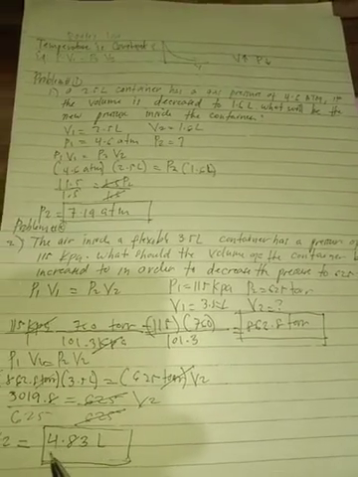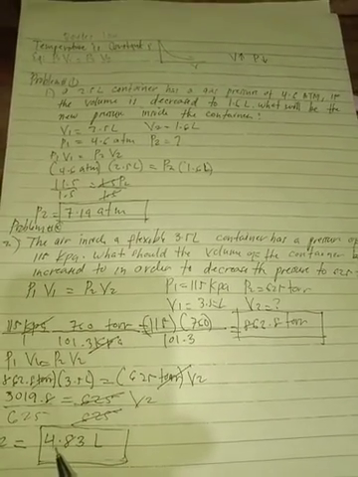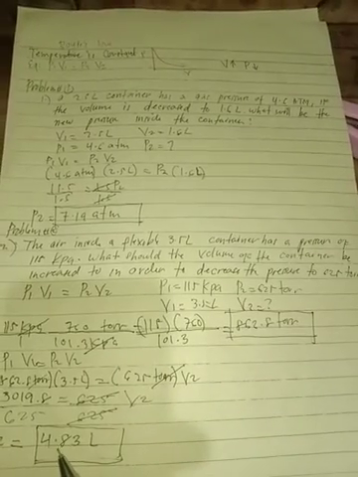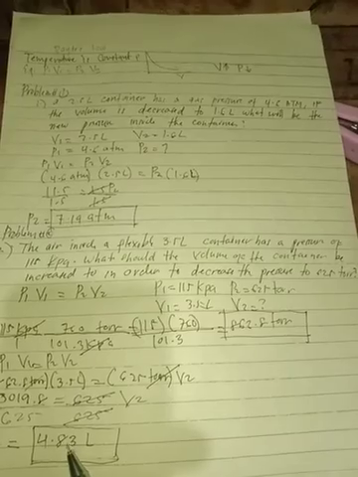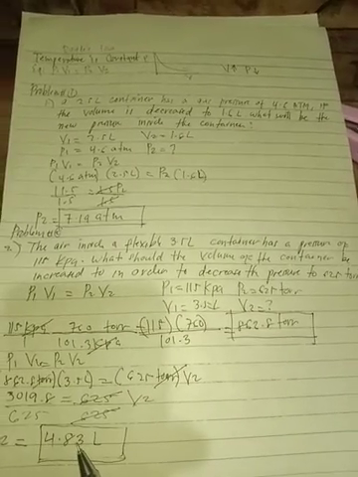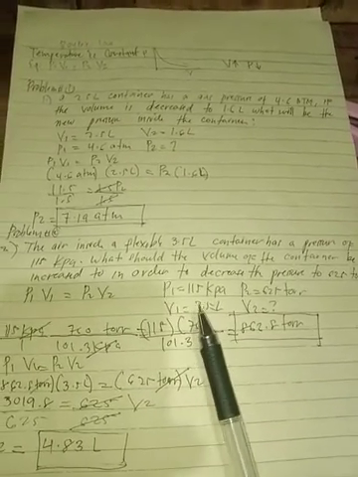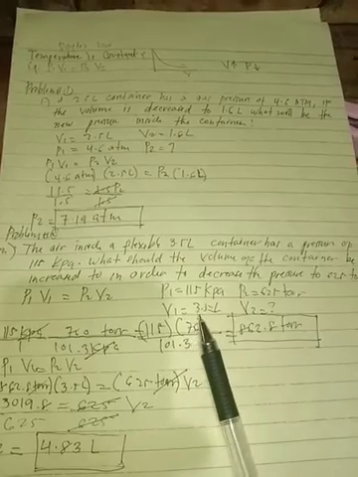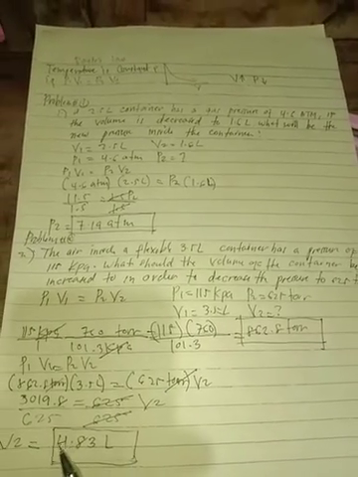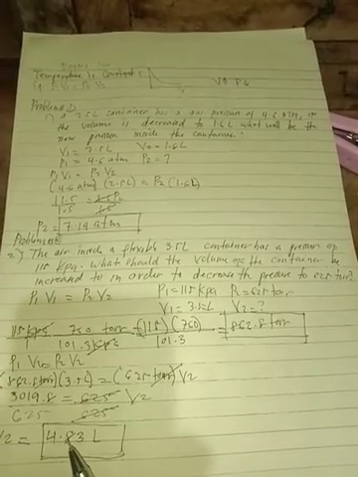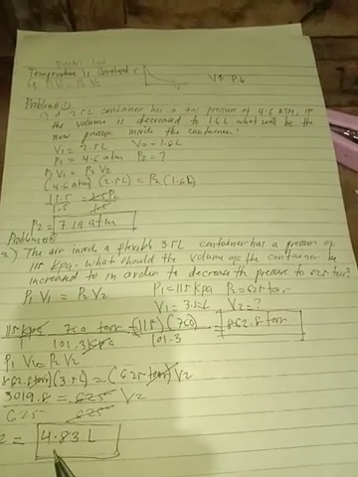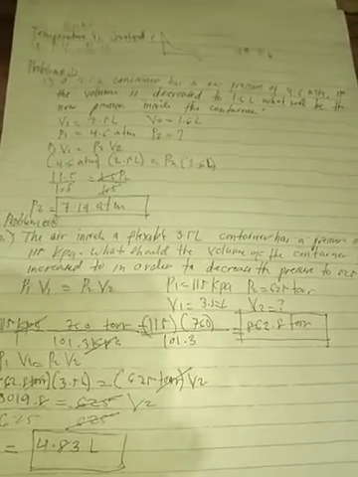So meaning to say our volume is increasing, because before our volume was 3.5. So now our volume 2 is 4.83, meaning to say the volume is increasing.